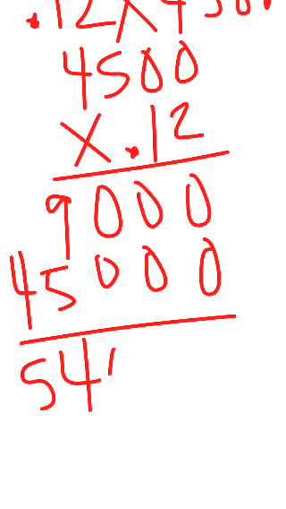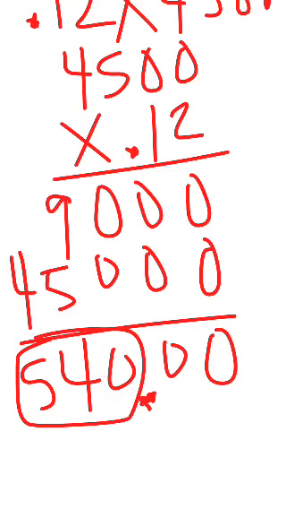So we put the decimal where? Right after the first zero. So we can say that 540 students like country music. Again, with this last question, you could also use a proportion. The setup would be 12 over 100 equal to n over 4,500.